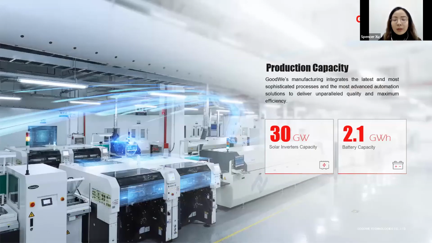We also have a very good production capacity, for example 30 gigawatts of solar inverter capacity and 2.1 gigawatt hours of battery capacity.